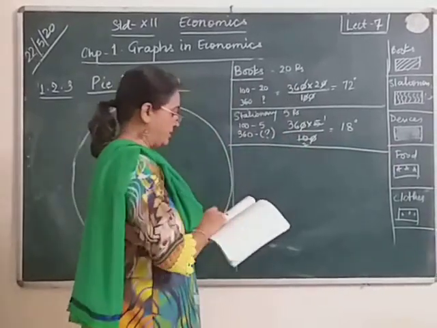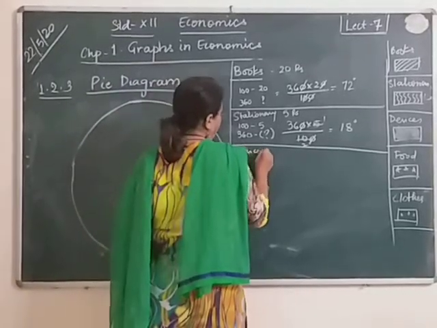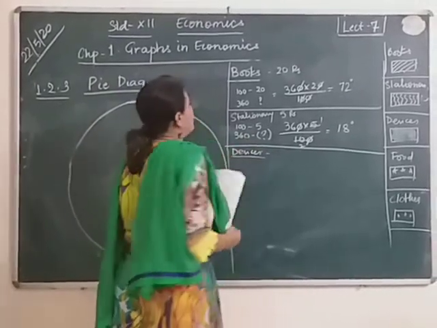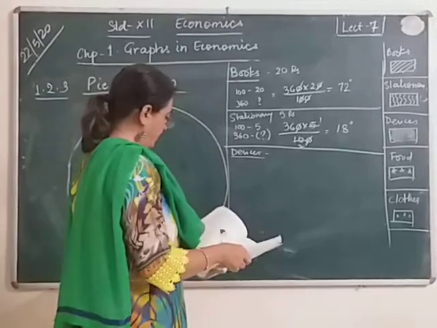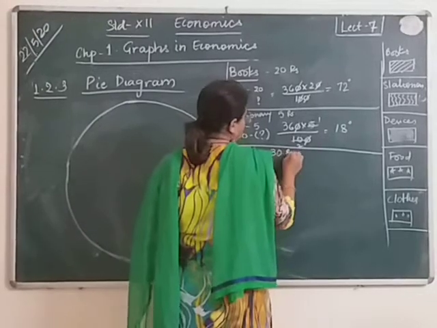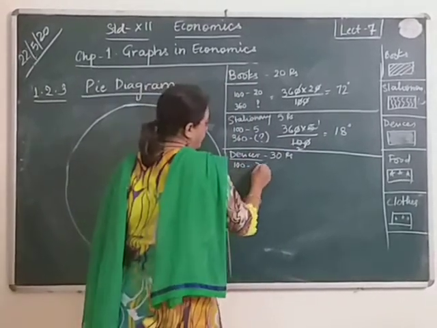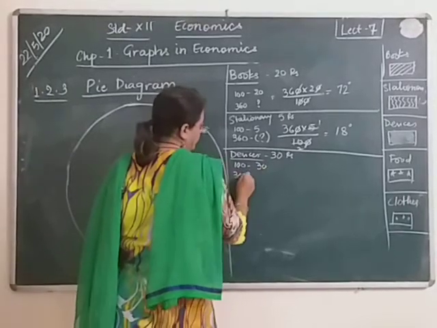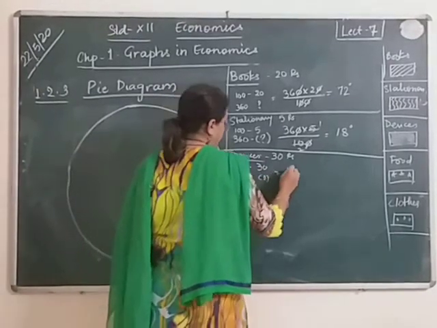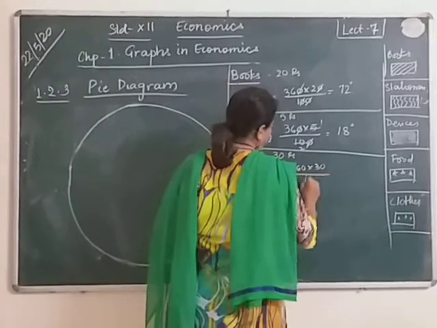The third is devices. On devices, he is spending 30 rupees. If out of 100, 30 is spent, then out of 360 what would the figure be? So 360 multiplied by 30 upon 100.